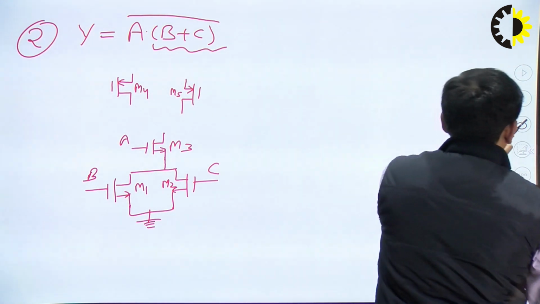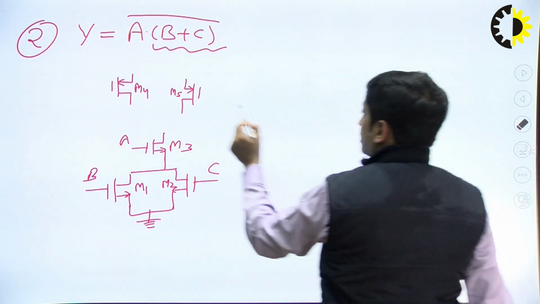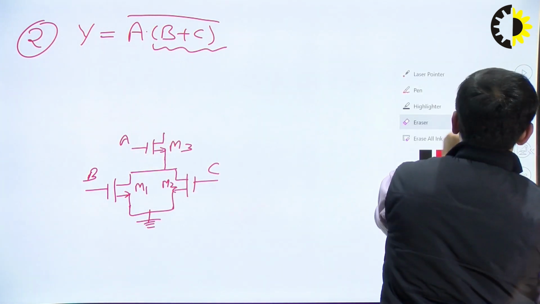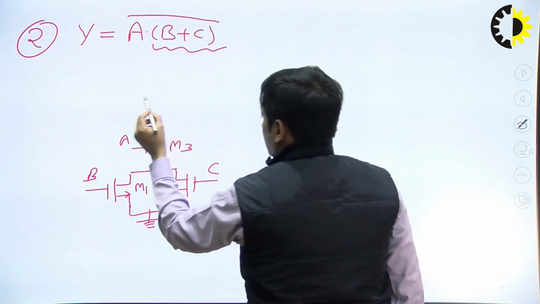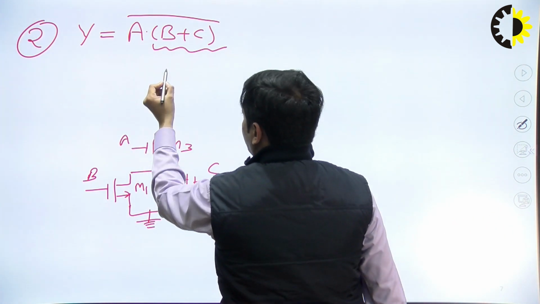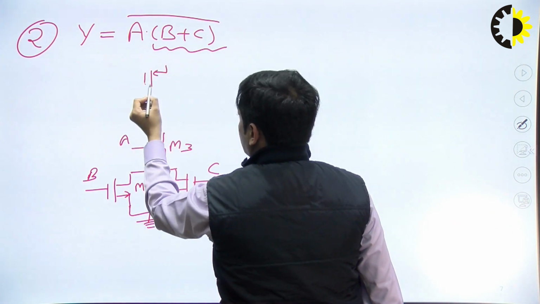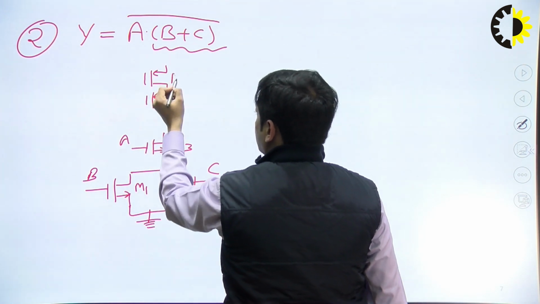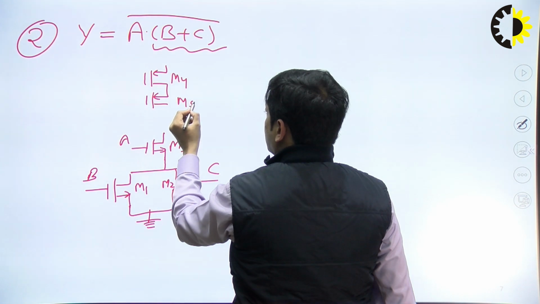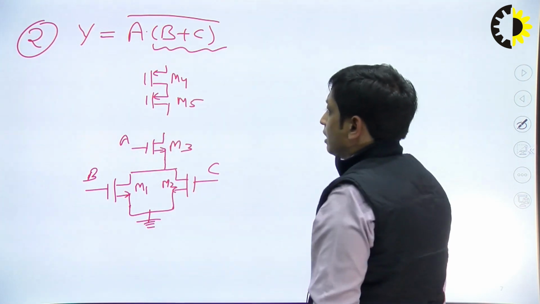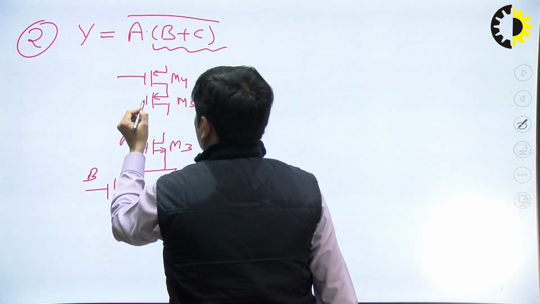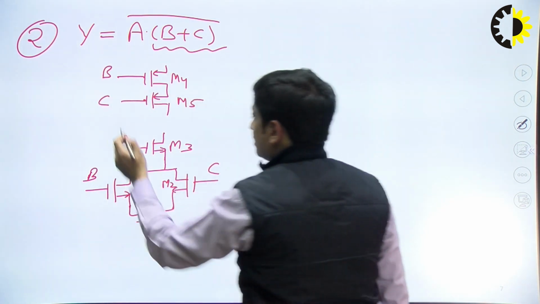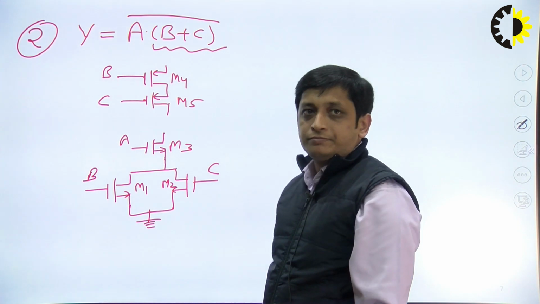So again we need to redraw it. M4 and M5 transistors will be in series, and the inputs of these two transistors M4 and M5 will be B and C, right?